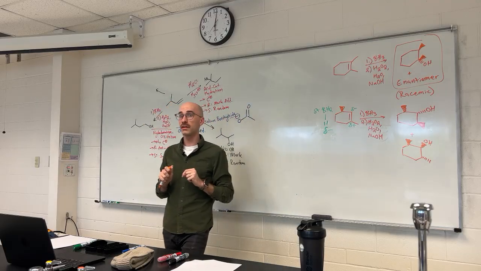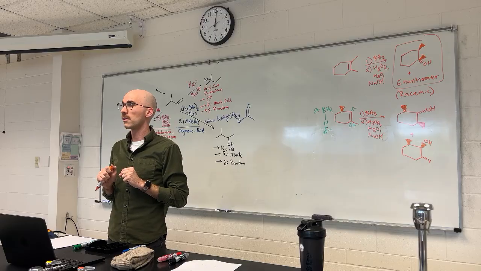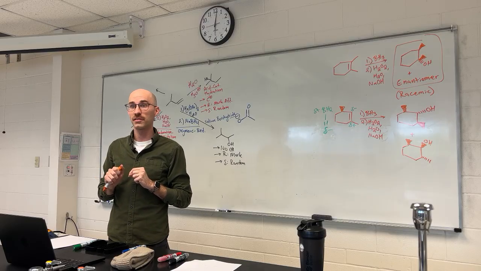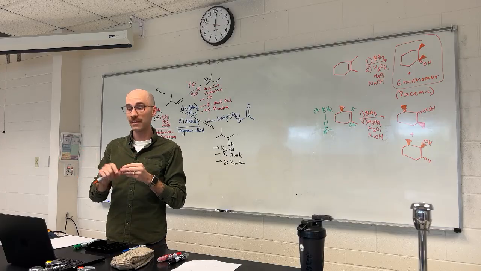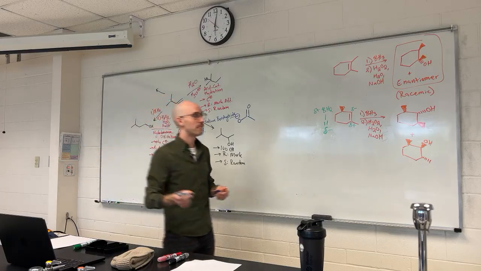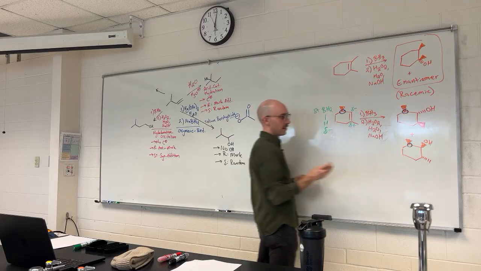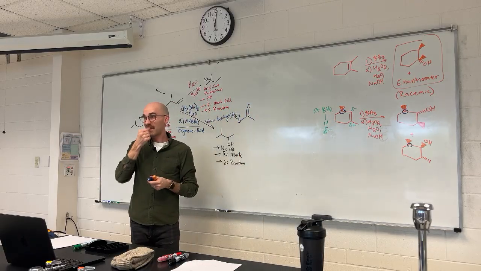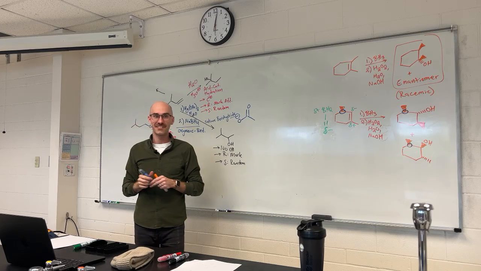Then what is their relationship? Diastereomers. Some things change between them. Some things stay the same. What stayed the same? The methyl at the top, unaffected by the addition. So fun, right?